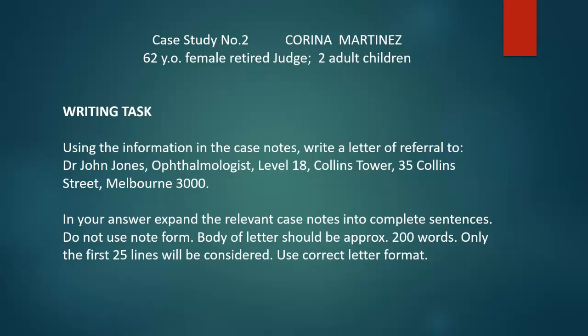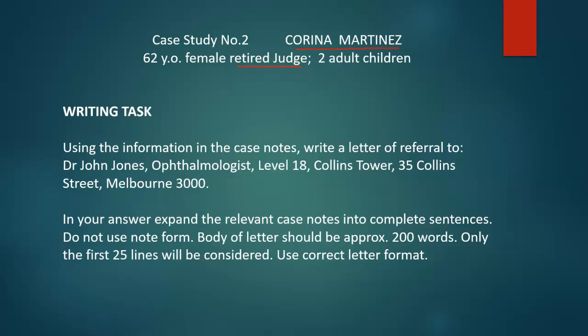Here's another case study, second case study. This one's about Corinna Martinez, and she is a retired judge. She's got 2 adult children. Again, the writing task is brought up to the start. Write a letter of referral to Dr. John Jones, ophthalmologist, level 18, Collins Tower, 35 Collins Street, Melbourne, 3000.